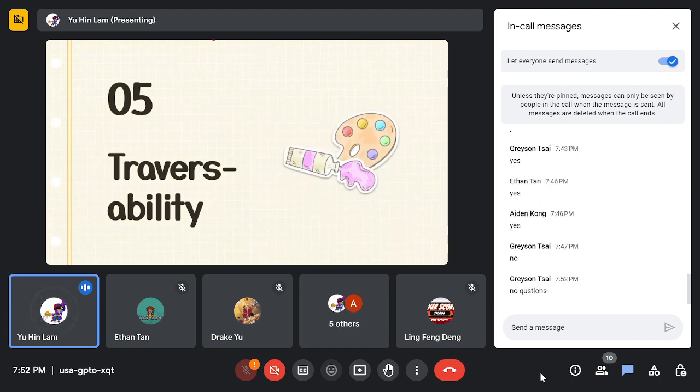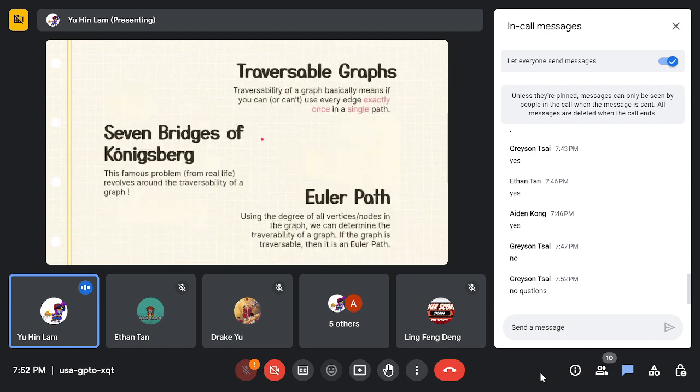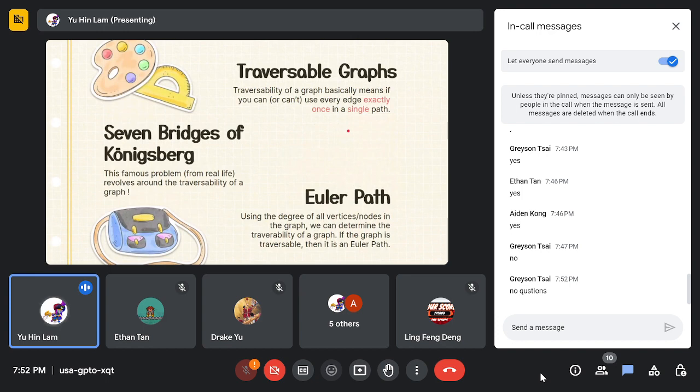So now let's talk about traversability. A traversable graph is basically talking about whether you can or can't use every edge only once in a single path. An example of this is the Seven Bridges of Königsberg.